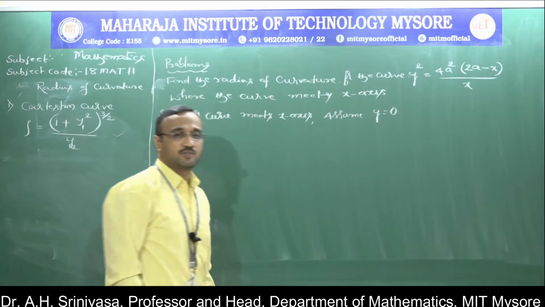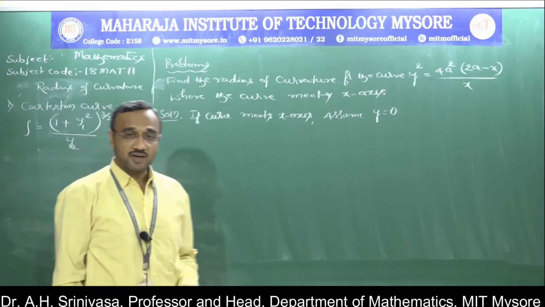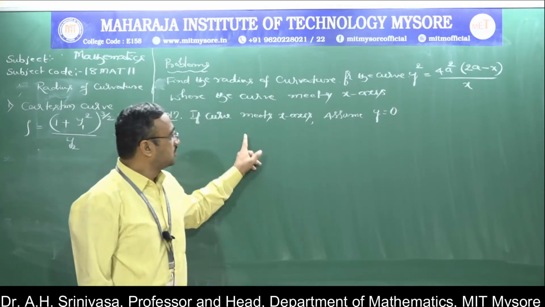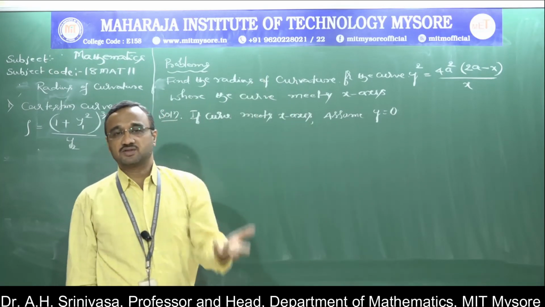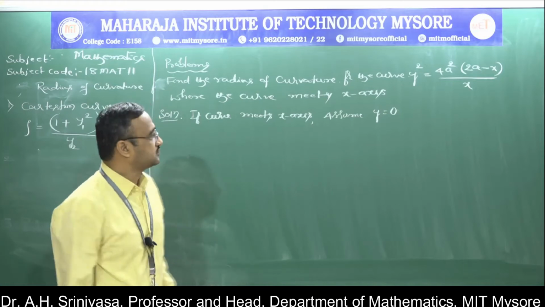First we are going to find the point of intersection. For point of intersection, we have to assume y equal to 0 because the curve is in x-axis, then y-axis automatically they become 0.